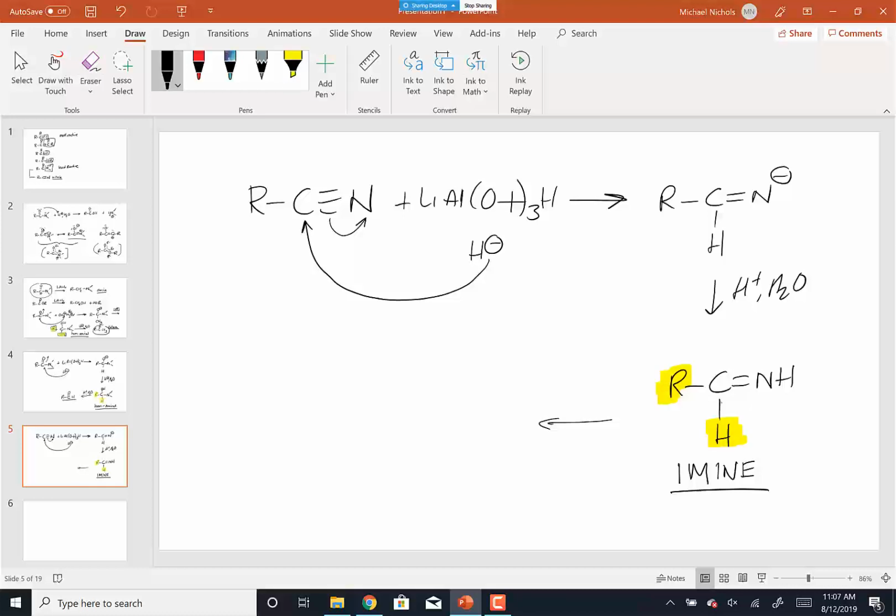So what happens when it gets treated with acid and water? It gets converted to an aldehyde. Where did it come from? An aldehyde plus ammonia. And you may say, well, why are you just assuming acid and water? Well, because I added acid and water in this step, it's still there. So it's going to react with that acid and water and form the aldehyde.